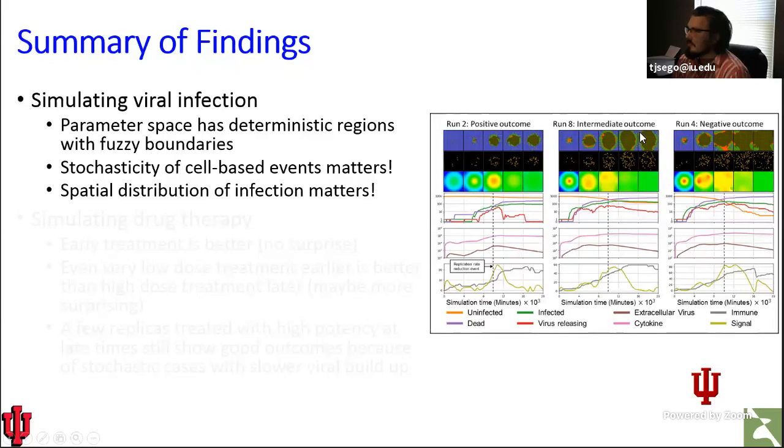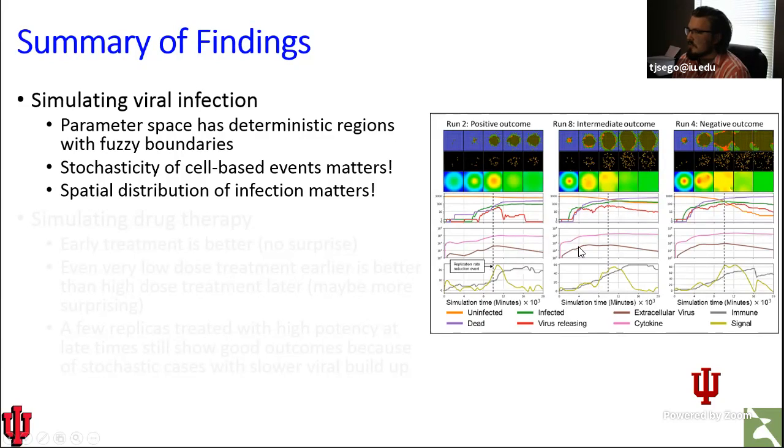Whereas comparing the difference between intermediate and negative outcomes, what we found was that the difference between these 2 simulation replicas was not the number of cell types. We found that the first real difference between these 2 replicas was the amount of total extracellular virus in the extracellular space.